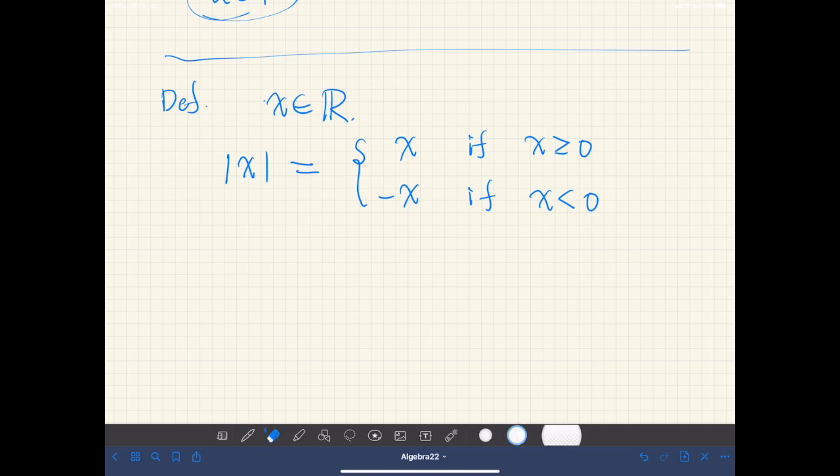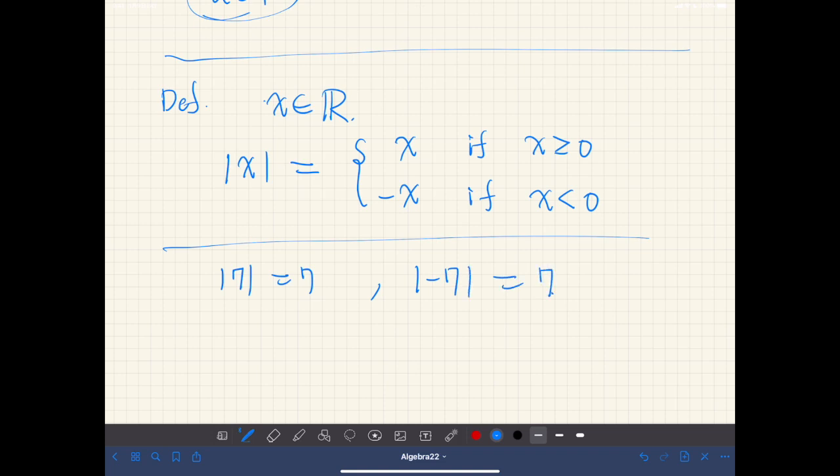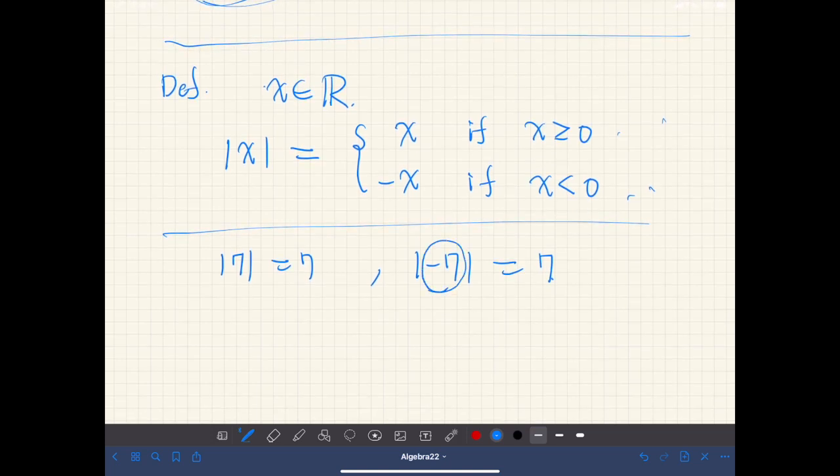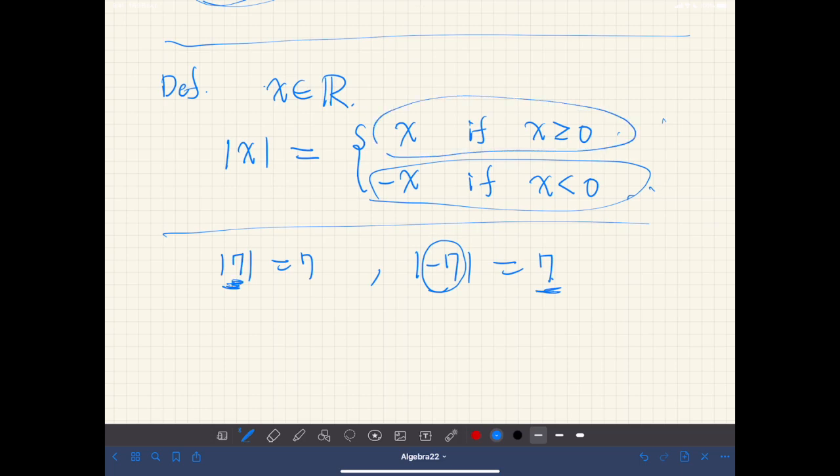Okay, so it's a very, very simple definition. So the absolute value of 7 is 7, and the absolute value of negative 7 is 7, right? According to this definition. So this inside is negative, so we apply this case. So negative of negative 7 is 7. And in this case, it's just a positive number, so we apply the first case, and that is just 7.